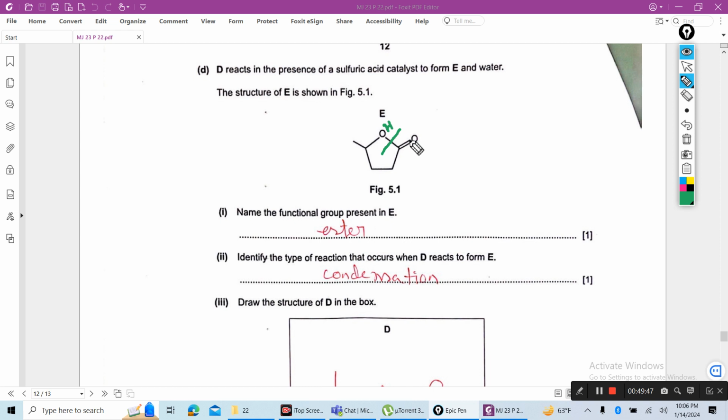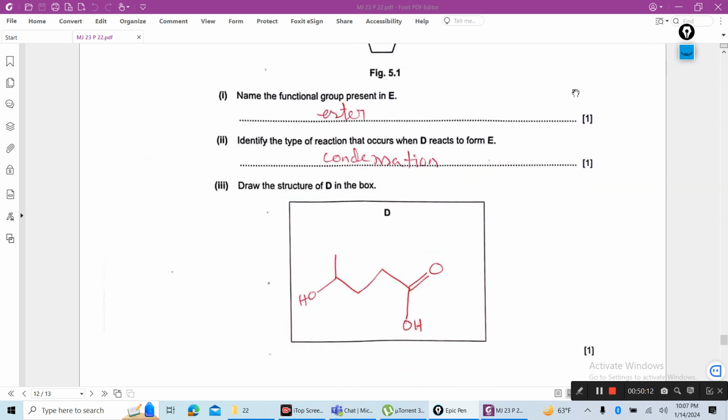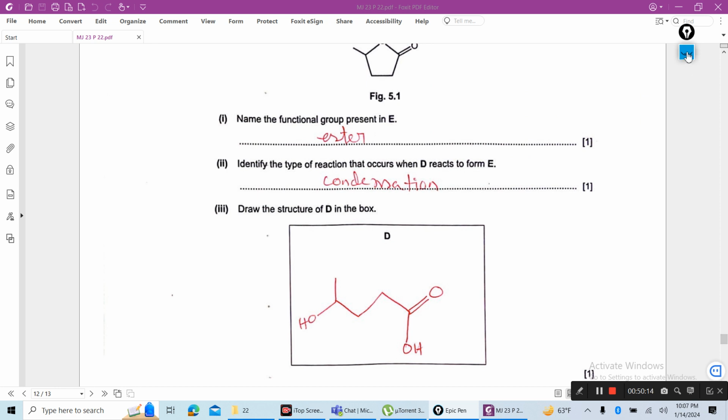Here CO, one OH group, because the carboxylic acid lost an OH group and the alcohol lost a hydrogen. Water will be formed, and also you will get D, the monomer.